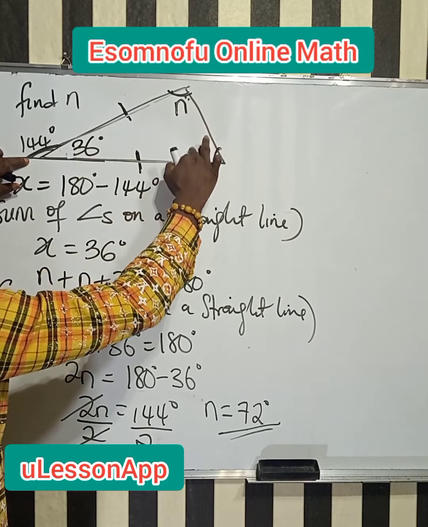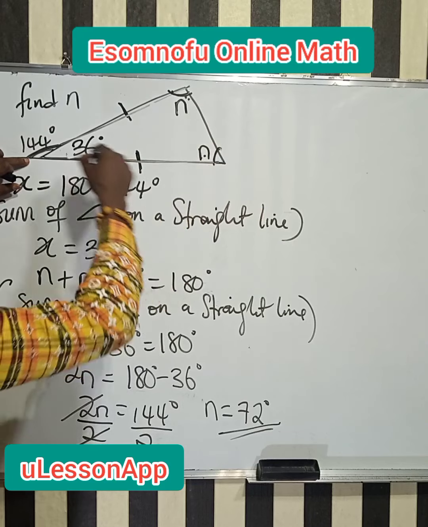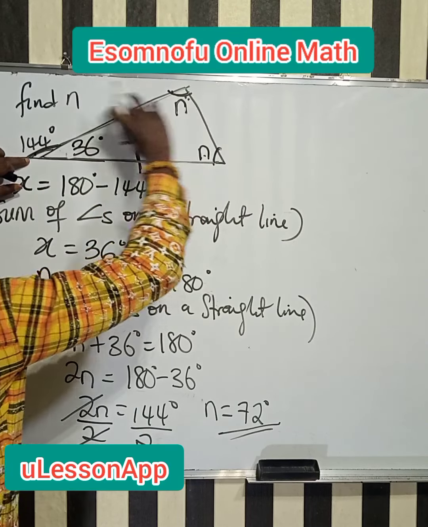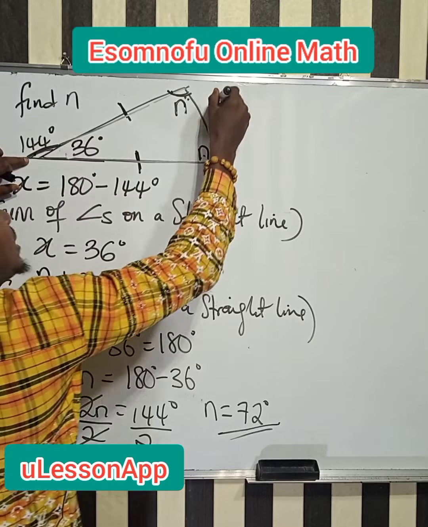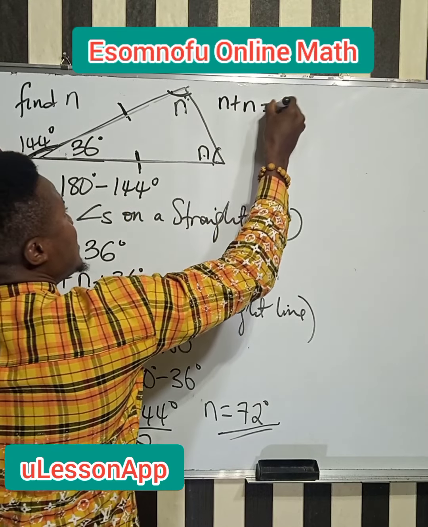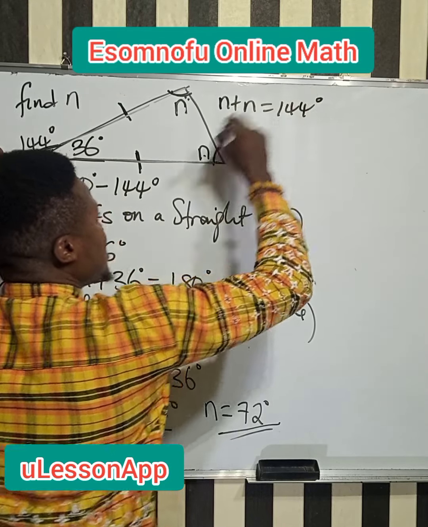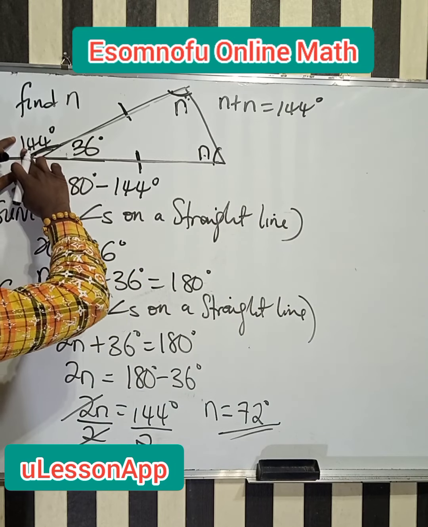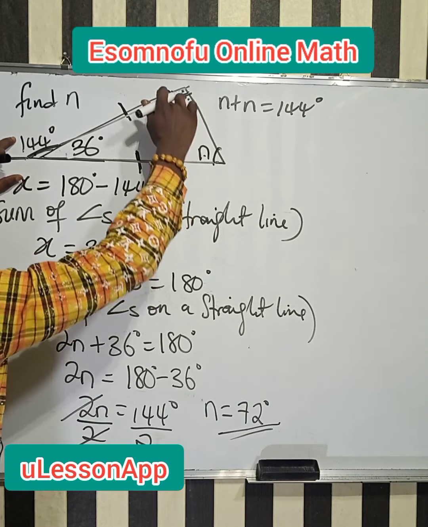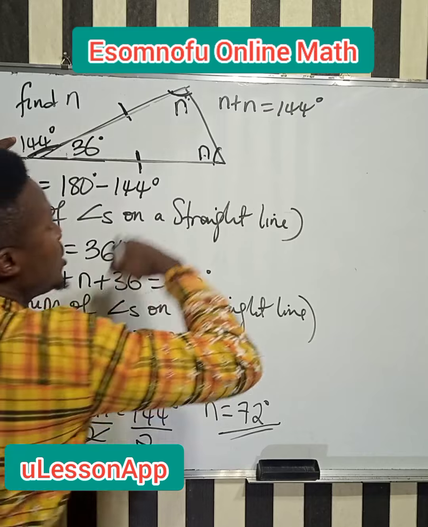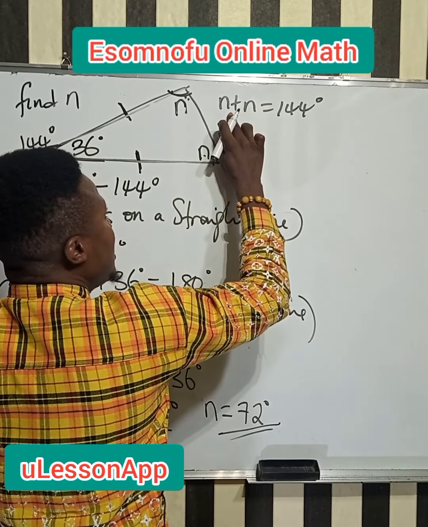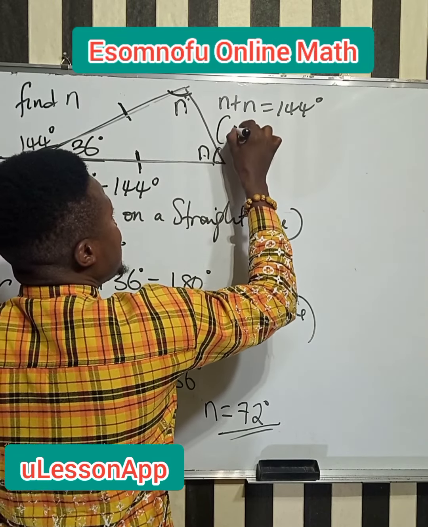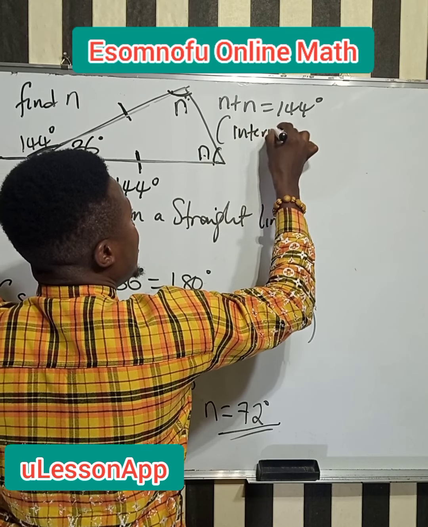This angle n and n are interior opposite angles to this angle here, because both of them are facing it. Therefore, n plus n is equal to 144 degrees. Take note, any exterior angle must be equal to the sum of the two interior opposite angles. So you can write it.